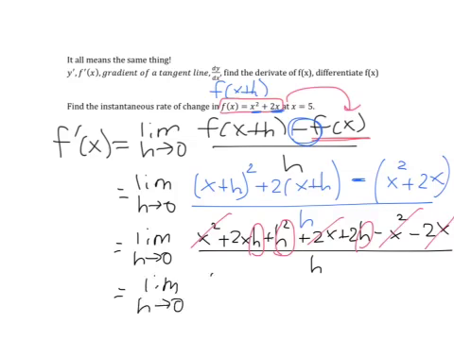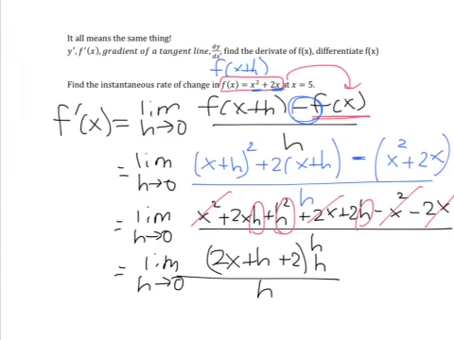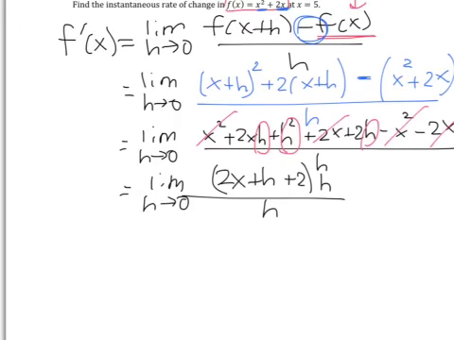You have h times 2x plus h plus 2, all over h. And then we cancel out the h's. We're left with 2x plus h plus 2.